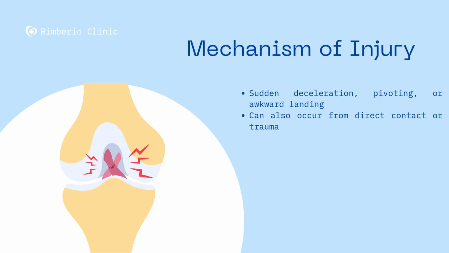And then trauma in the sense of, you could be in any type of accident or any type of incident on the field, off the field, in your car, stepping off the curb. I've actually had a patient injure their ACL like that. But that mechanism of injury is pretty consistent. It's going to be an injury that's going to occur with some level of deceleration, twisting, rotation of some kind.